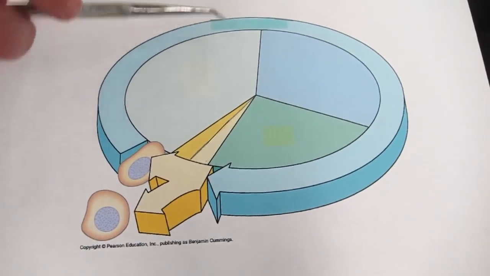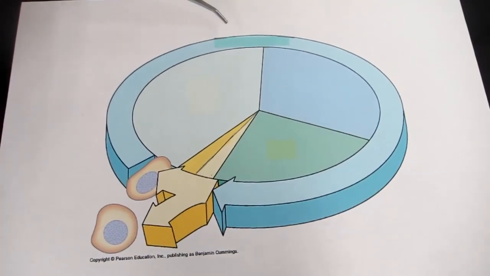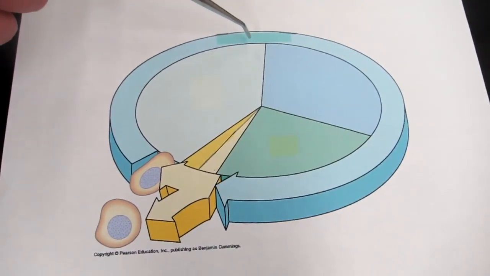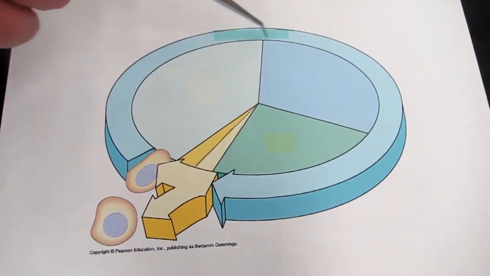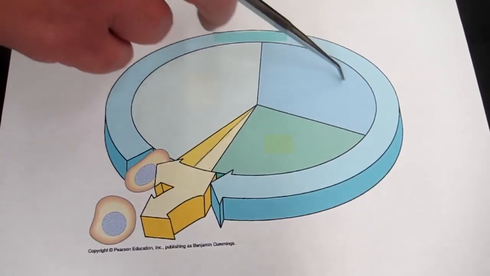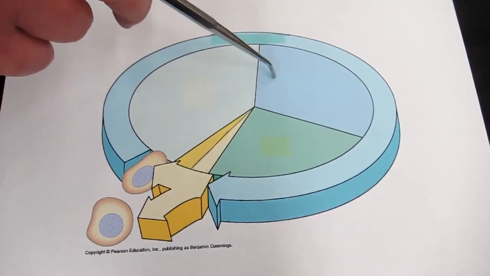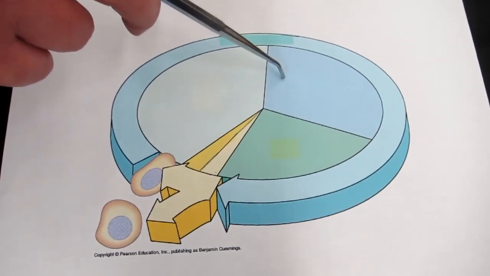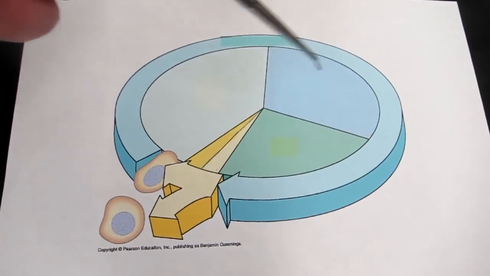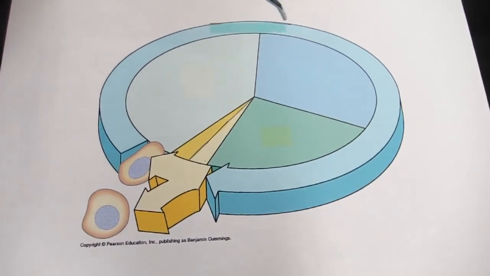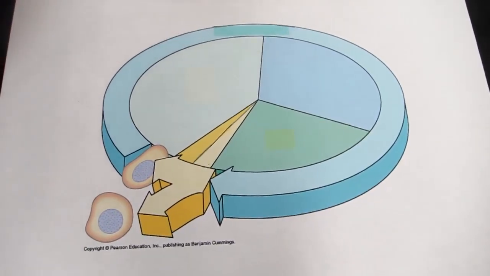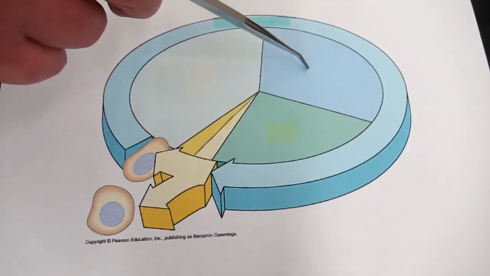Now if the cell is signaled that it's going to reproduce at some point in the near future, it will move from G1 into S phase. So this bluer area here is representing S phase. S phase is the part of the cell's interphase where it is doing DNA synthesis, and that's actually why it's called S phase, because of synthesis.